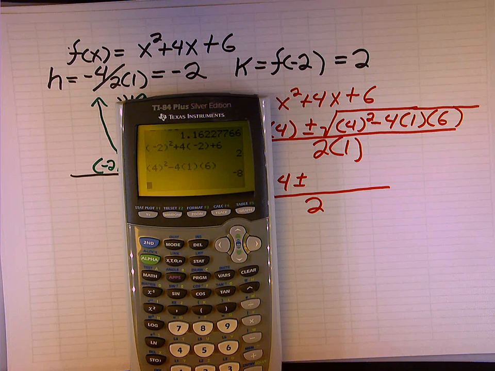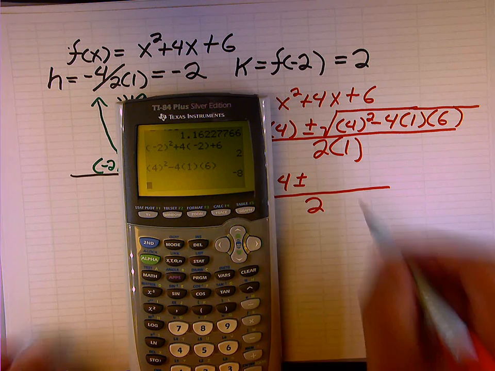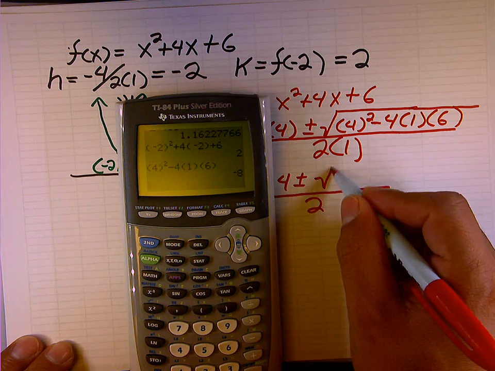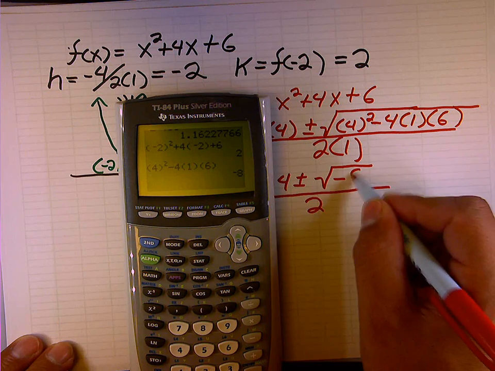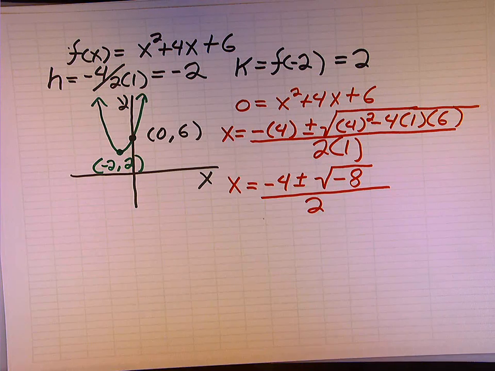That number is negative 8. Negative 8 does not really exist. It's not a real number. However, I can express it as a complex number.